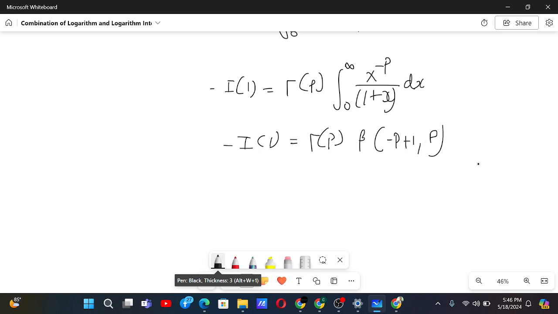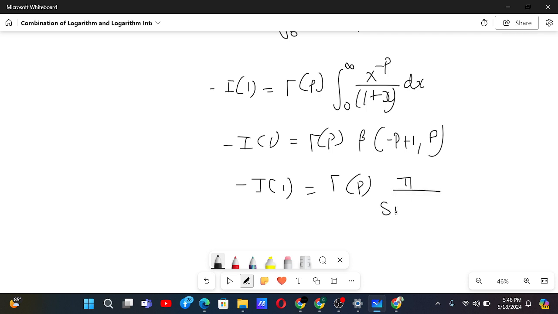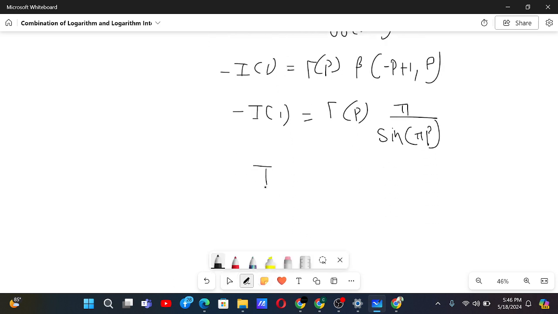Euler's reflection formula can be used over here. So we get gamma of p and then pi by sine pi p. Now take minus to the other side. So we get I of 1 equals minus gamma of p times pi by sine pi p.